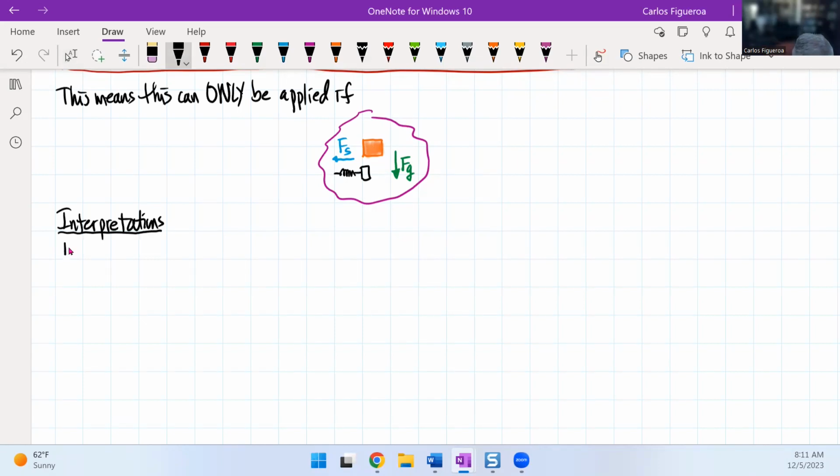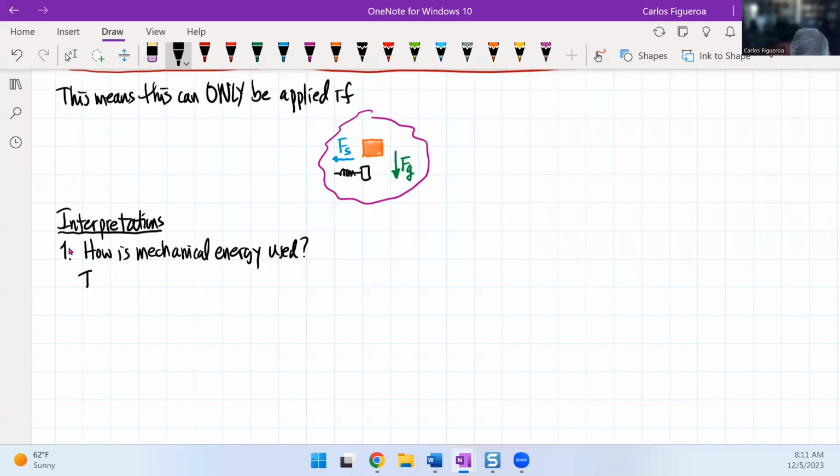So the first thing that I would look at is how is mechanical energy used?